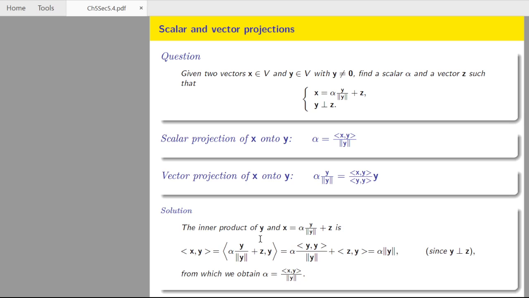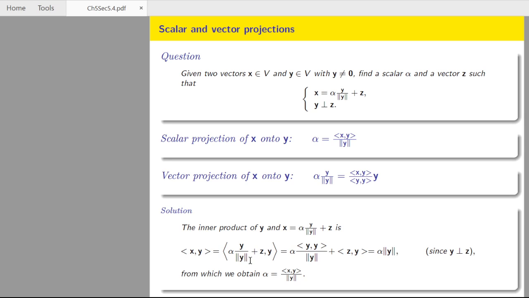In this case, we take the inner product between x and y. Here, x is required to be written in this form. So take the inner product of x and y, which is the same as substituting x by alpha times y over the norm of y squared, plus z.